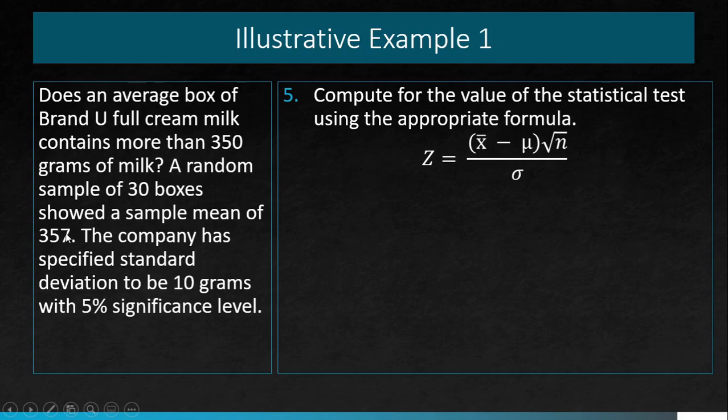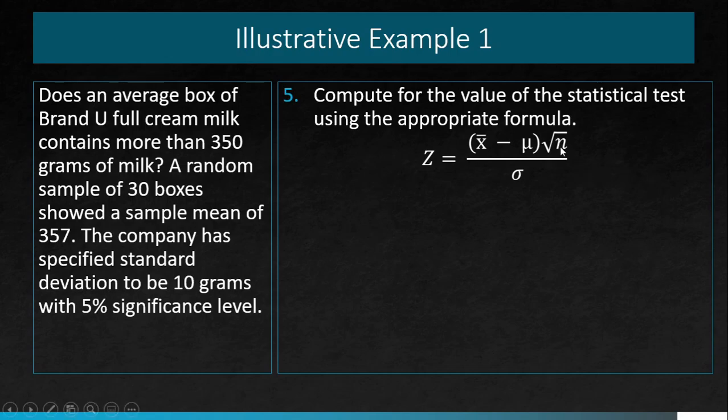It's here, 357. Less your population mean, which is 350 grams of milk. That's the expectation as to the average content of all of the boxes.